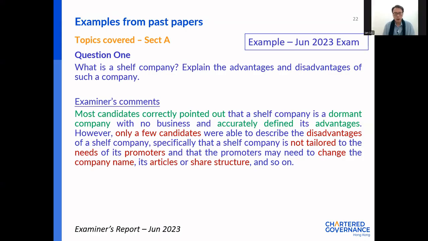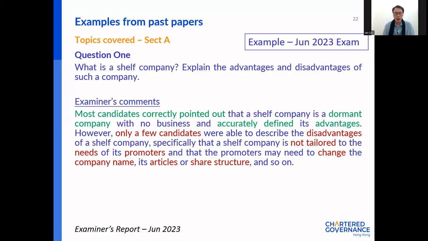Okay, so why would you want to apply for dormancy? Very simple. Cost saving. Okay, compliance is costly in terms of time and money. Since you're not using the company for anything, it's just sitting there waiting for people to buy if they need it, in that case, you apply for dormancy. So there's no business, and there are clearly advantages to doing that, because then there's a very, very short waiting time.